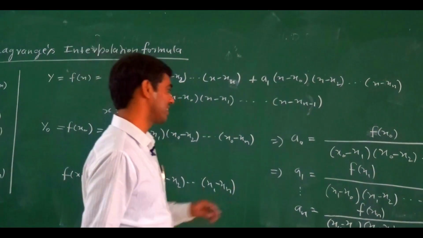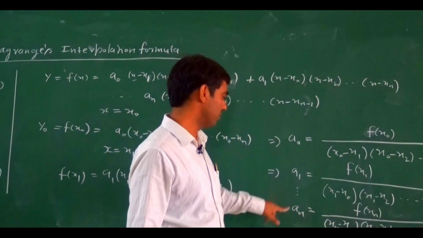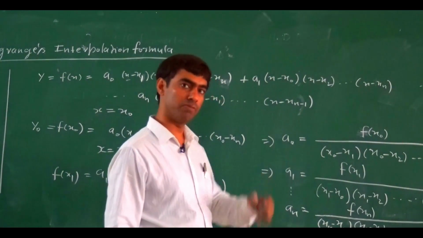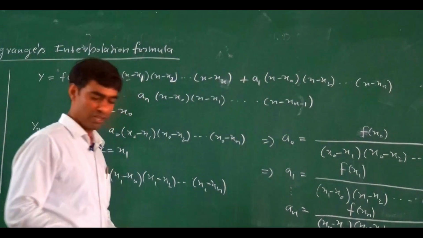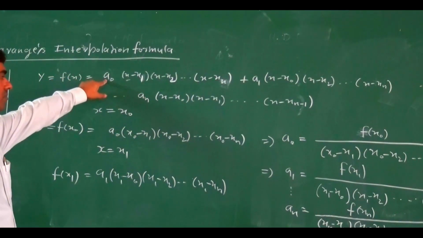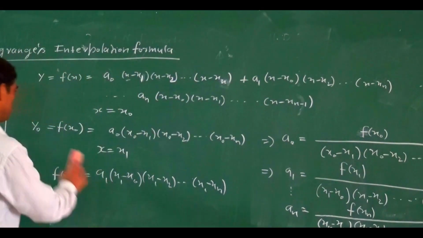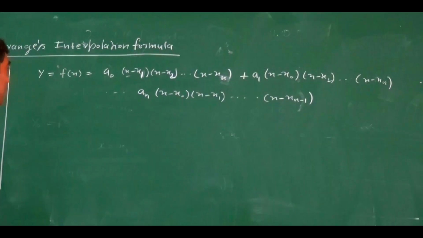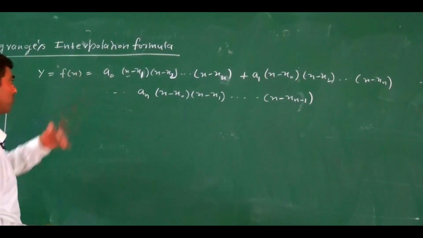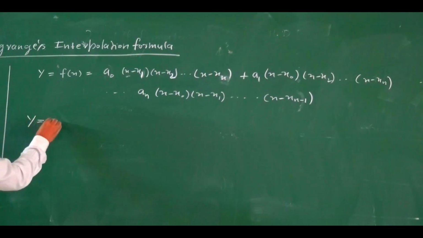By putting x equal to x0 we find the value for a0, by putting x equal to x1 we find the value for a1, by putting x equal to xn we find the value for an. Now putting all the values a0, a1, a2 up to an in this polynomial, we find the general Lagrange interpolation formula.